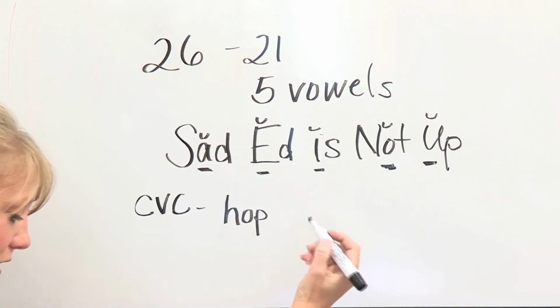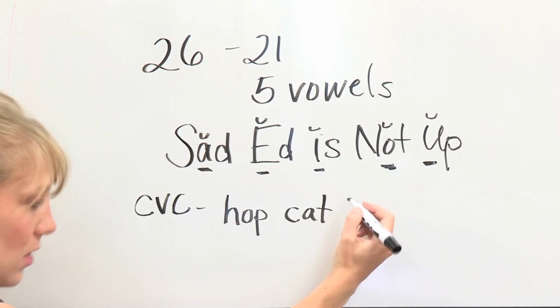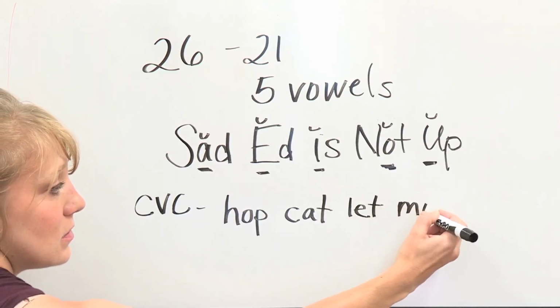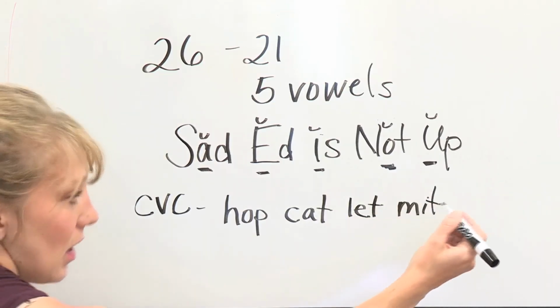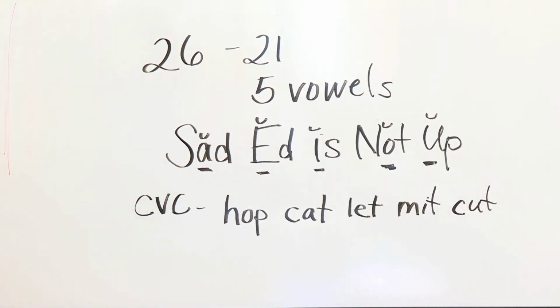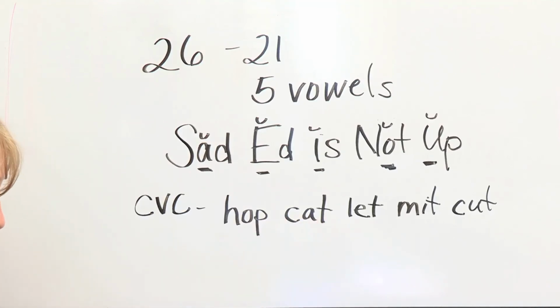So hop is an example, cat is an example, let, mitt, and cut. These are all examples of short vowel words that follow CVC. If you think of Dr. Seuss, Hop on Pop, all of his words are very simple, short, one syllable, short vowel words.